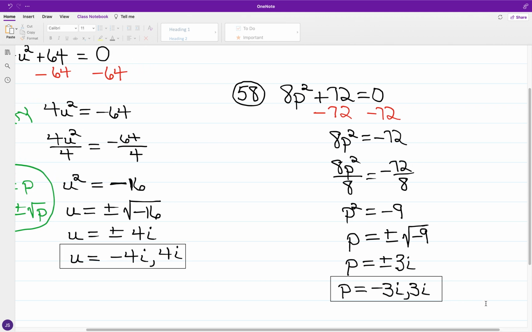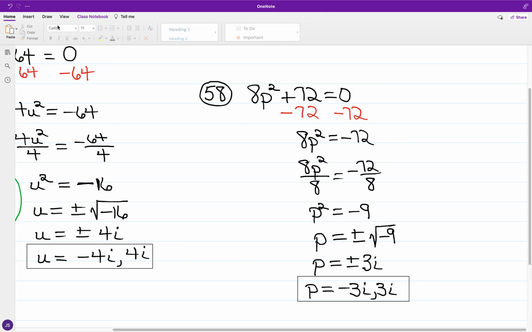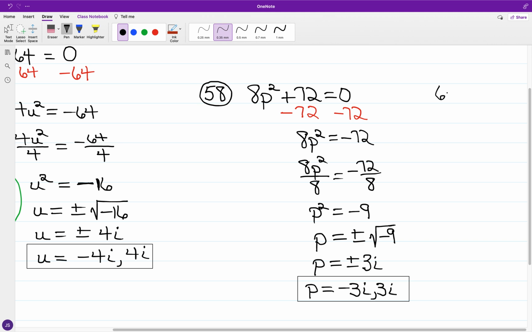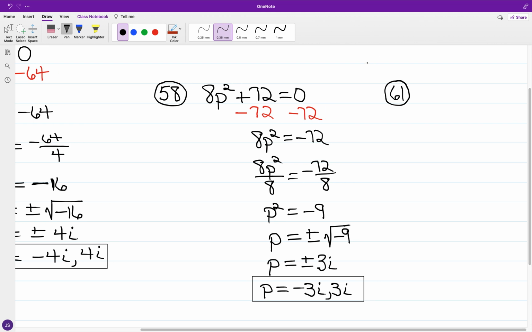equality. Now, for what we have in the case of number 61, we're going to have to create a different pathway to find out the solutions in this one. And in 61, now we've got t squared minus 8t is equal to negative 24.